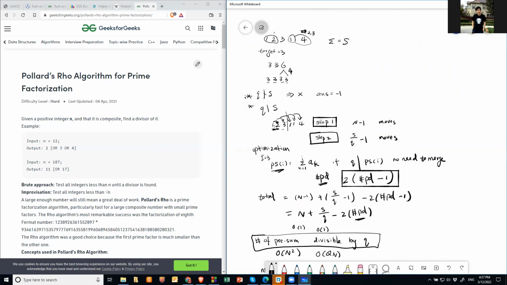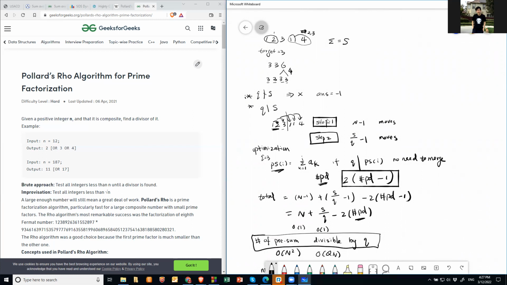As soon as this pre-sum is divisible by Q, I don't have to merge them anymore because I know they already give you the good result, right? So I can save this much. So basically, I can save the number of pre-sums that are divisible by Q. That's how much I can save, 2 times, right?